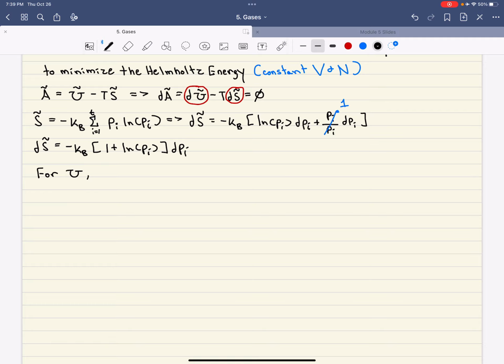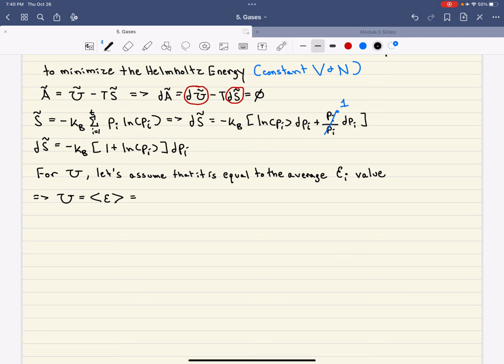And so we're going to assume that the internal energy of a system is equal to the average epsilon sub i value. Okay? And so that would mean that our u is equal to the average of epsilon.